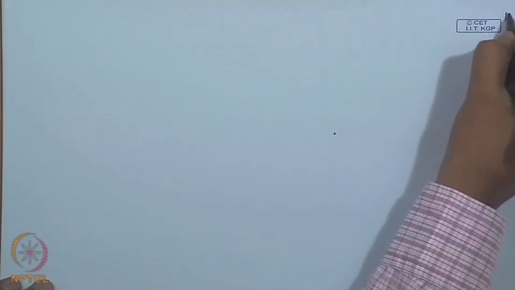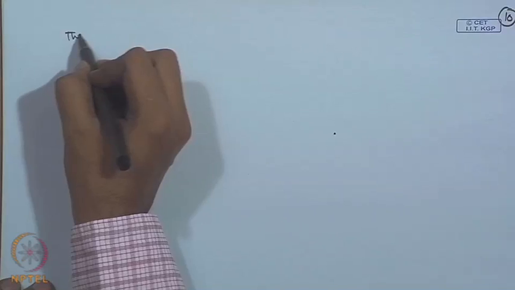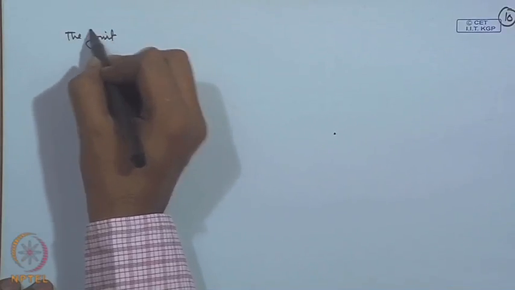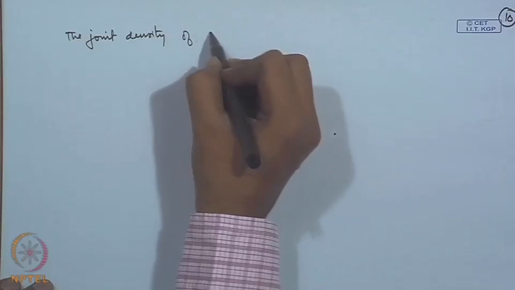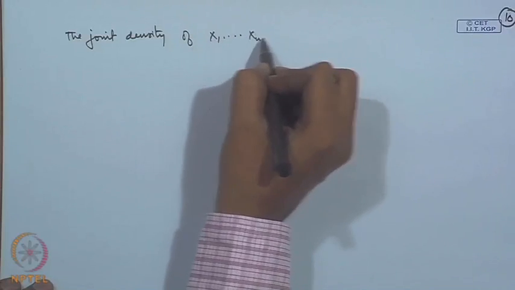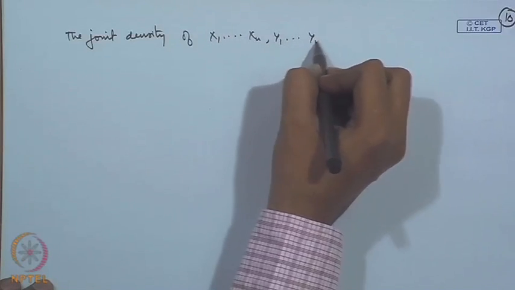Then let us write down the joint density of x 1, x 2, x n and y 1, y 2, y n.